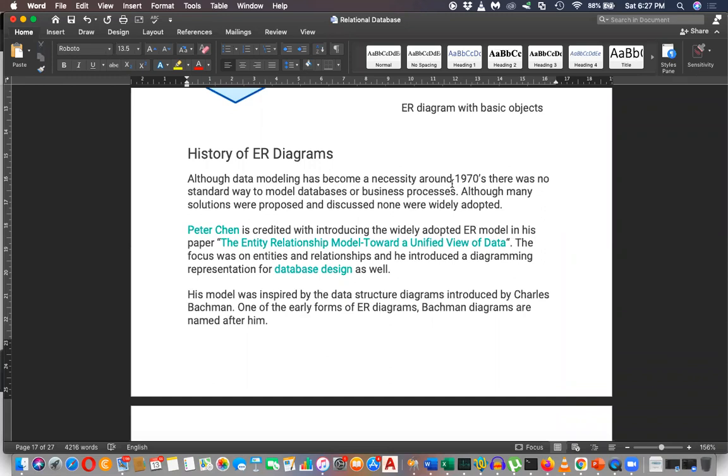When Peter Chen introduced this ER model, he introduced it using his paper, Entity Relationship Model: Toward a Unified View of Data. So what does paper mean? Sometimes you don't know what a paper is. A paper is when a researcher wants to publish the findings of their research.